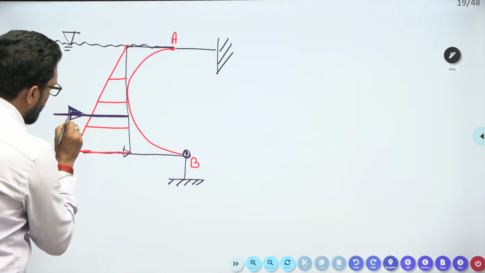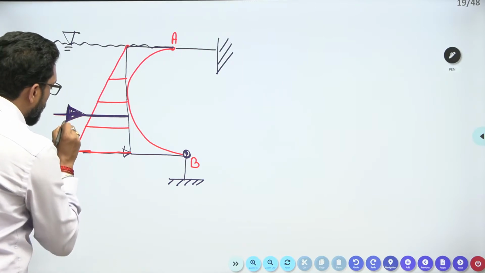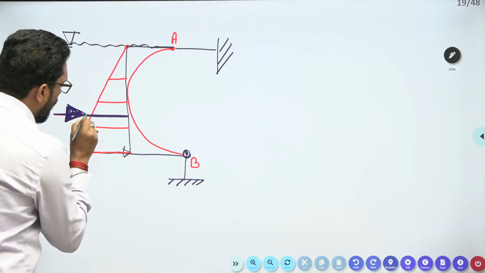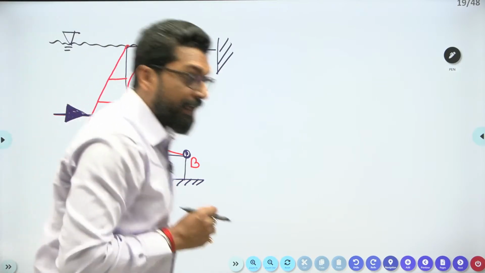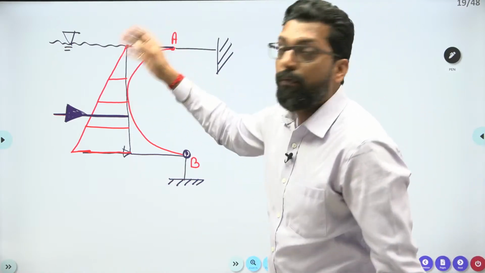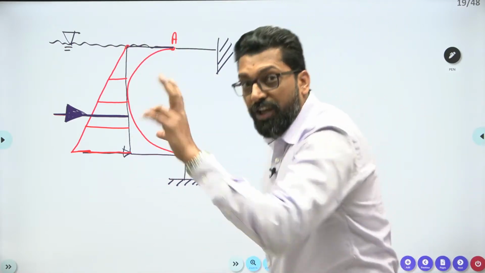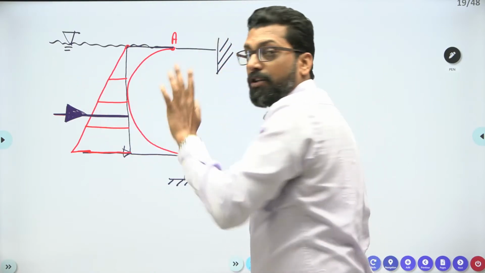It is the CG of the pressure prism, and the CG of the pressure prism is the center of pressure of the horizontal hydrostatic force.